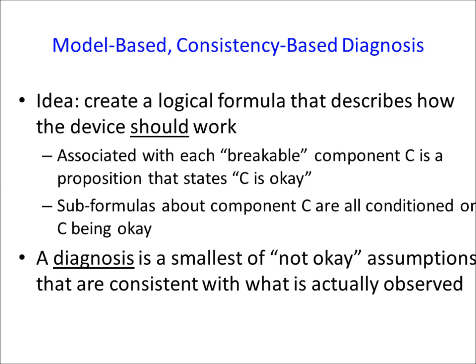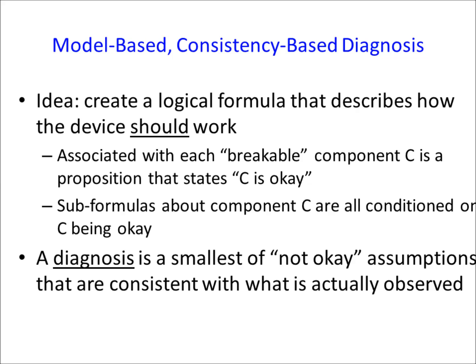So an example would be to say, okay, I will say a component C is okay as my variables. Now if I want to do diagnosis, then what I will have is some observation that I have seen, say for example, the car is not working or something is not happening right. And I have to find a set of assumptions that are consistent with what is observed.